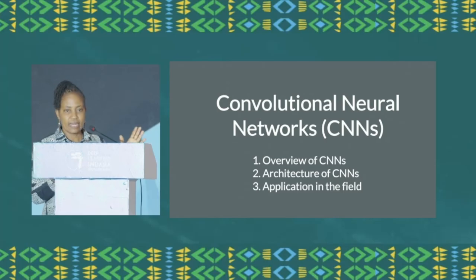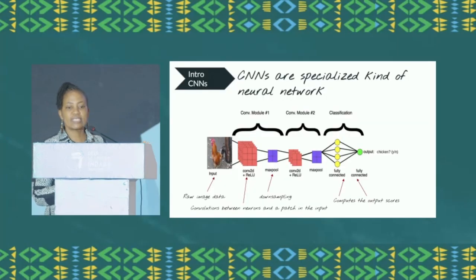We then went on to convolutional neural networks. We understand that CNNs are a specialized kind of neural network that process visual imagery.